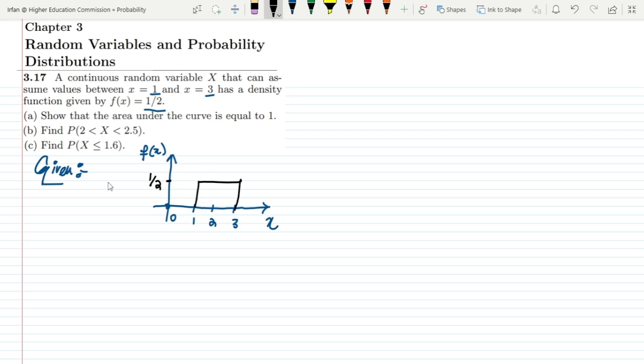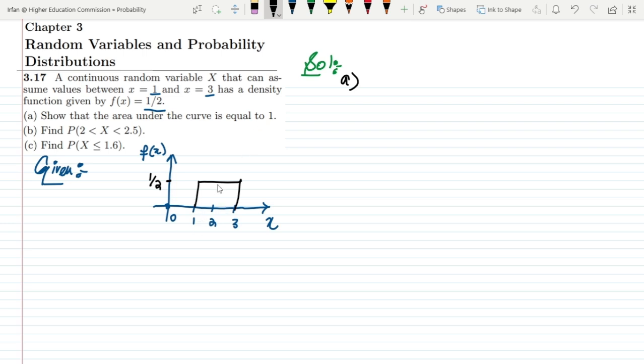Now in order to solve it, let us see the solution, and I have chosen this place. Here I have to find the solution of part A, in which I have to show that the area under the curve is equal to 1.